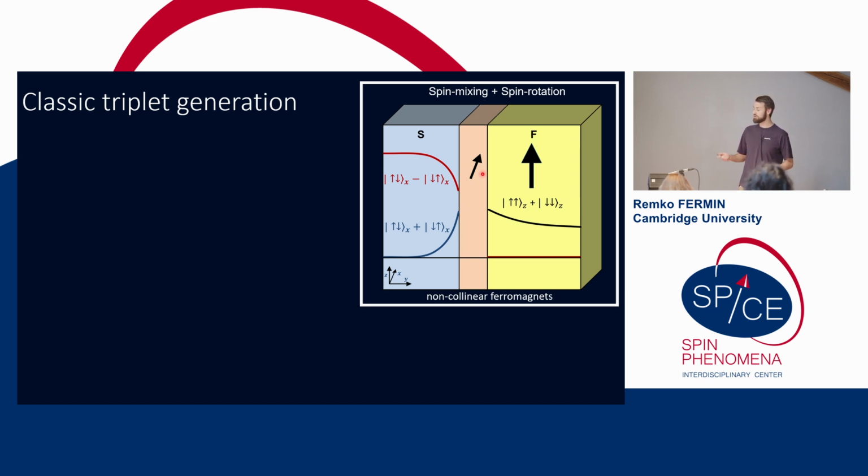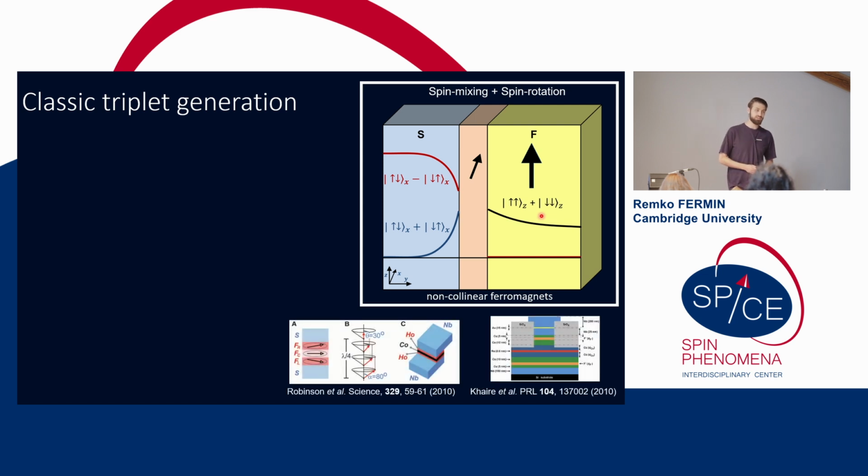But if there's an inhomogeneity of the ferromagnet at this interface, there's a rotation of the quantization axis, and therefore there's also the spin rotation process that can generate long-range triplets that penetrate the ferromagnet. This was done experimentally also in the group of Norman Birge, that was already shown in the last talk. And this was already in 2010.